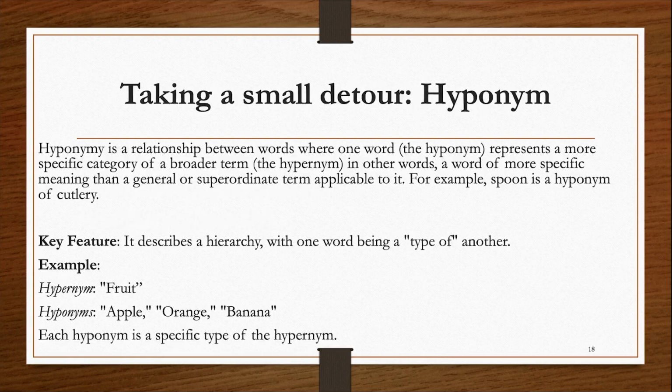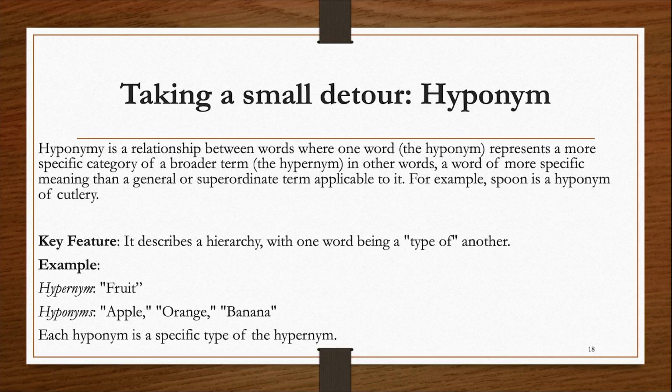Again, one small example of hyponymy. Now what is hyponymy? Hyponymy is a relationship between words where one word represents a more specific category of a broader term. In other words, a word of a more specific meaning than a general or superordinate term applicable to it. For example, spoon is a hyponym of cutlery.